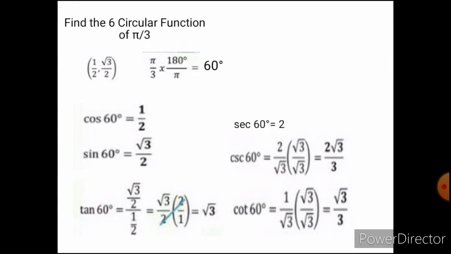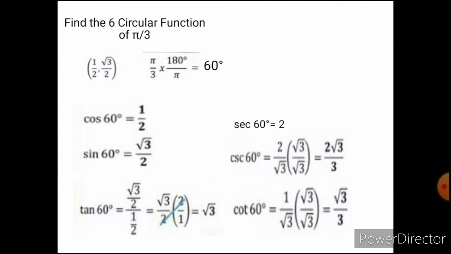Next, let's obtain our six circular functions. Let's start with cosine. So we have cosine 60 is equal to 1 half, that's our x coordinate. Sine 60 is square root of 3 over 2, that's our y coordinate. Next, we have tangent 60 is equal to sine over cosine, which is square root of 3 over 2, and 1 half is our cosine.